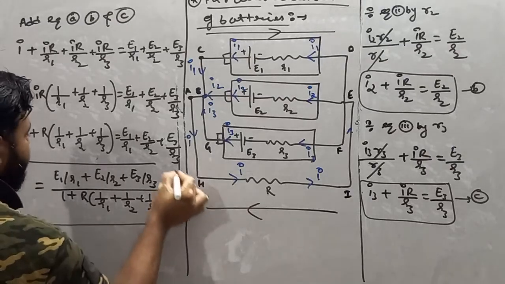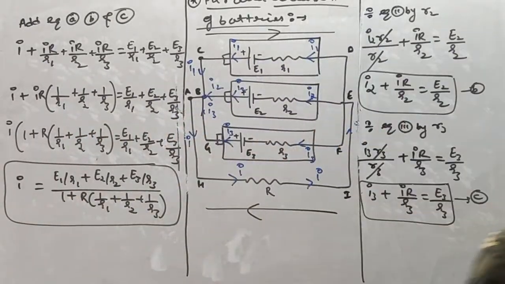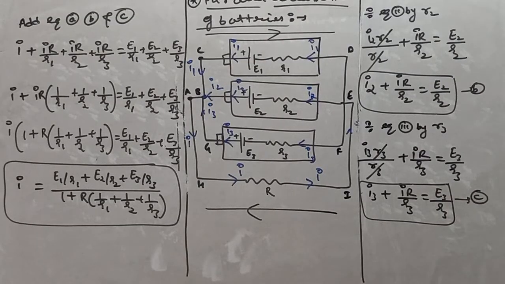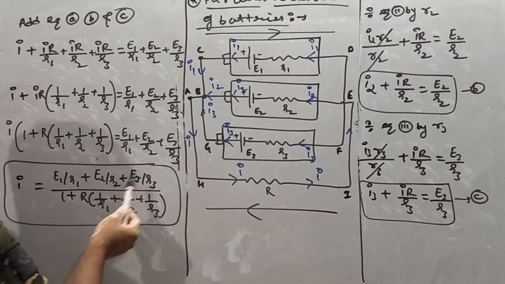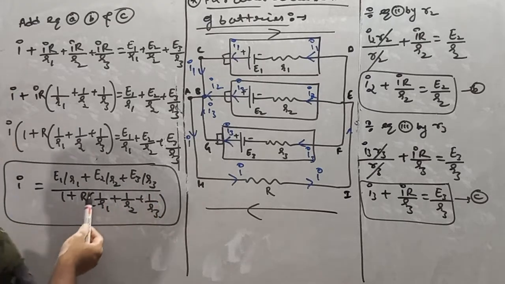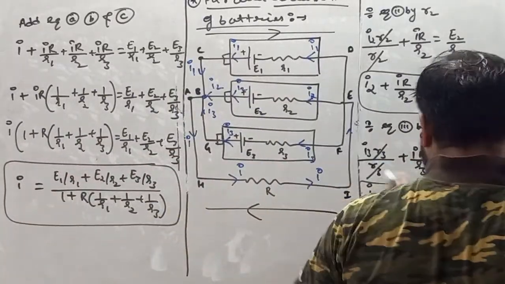This is the value of, dear student, current which is given by all the three batteries to the external resistor capital R. I hope you all understand this thing.